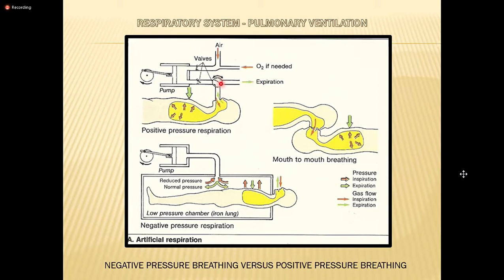It will rotate the moment the patient will expire, this will rotate and the air will go outside. That is your positive pressure. This is the principle of your positive pressure. It will pump the air inside, and then this will increase the pressure here so that the air can go outside, and this will rotate.